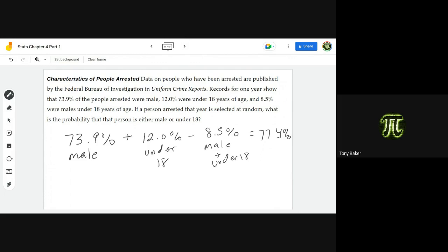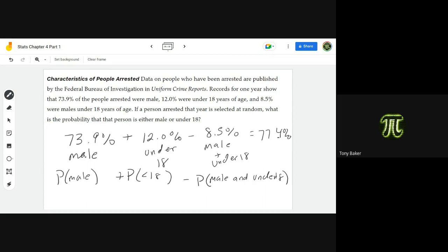Why would we subtract the 8.5% but not the 12%? Because the two events I'm looking at are male and under 18. The probability of male is 73.9, the probability of under 18 is 12%, and then it's minus the probability of male and under 18, which is the 8.5%.